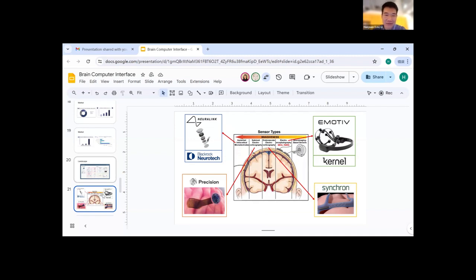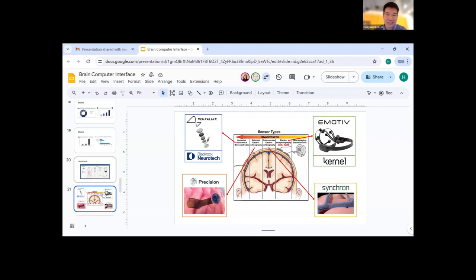The most invasive way of signal acquisition is the intracortical microelectrodes, which is directly inserting the electrodes inside the gray matter. For example, Neuralink is one of them, and also BlackRock Neurotech.